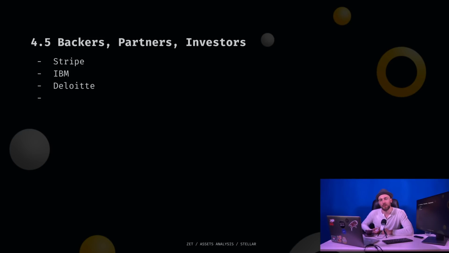IBM also presents as a Stellar partner, and they help to sustain the network. So IBM computers run the network and serve not as anchors, but as nodes of the Stellar network. And Deloitte is another partner that helps Stellar to popularize and bring the new technology to the world, not only to the crypto world, but to the world in general.